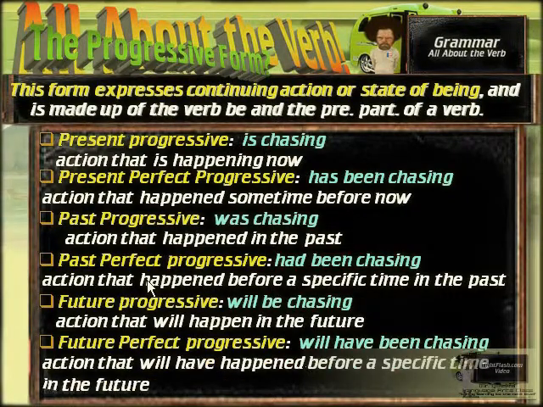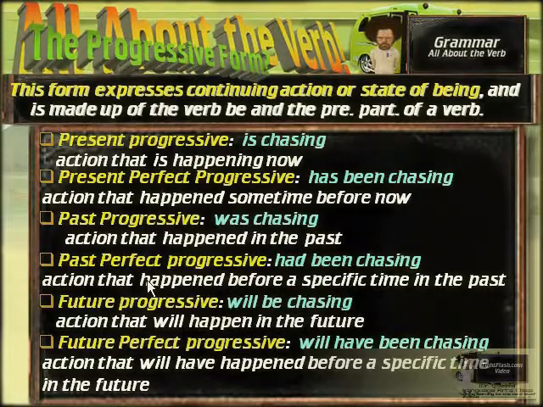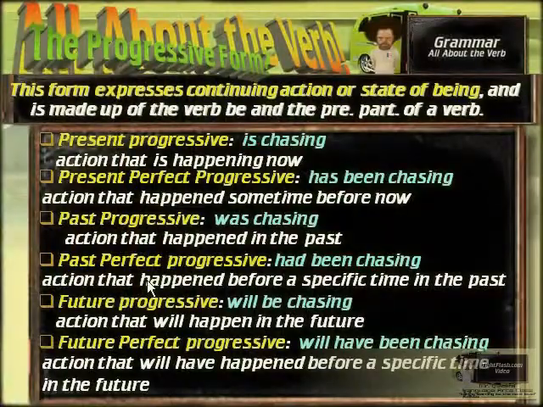That gives you an indication of an action that will have happened before a specific time in the future. Before 12 o'clock, he would spend 4 hours doing the video. You get it? Okay, so that's how we use that.